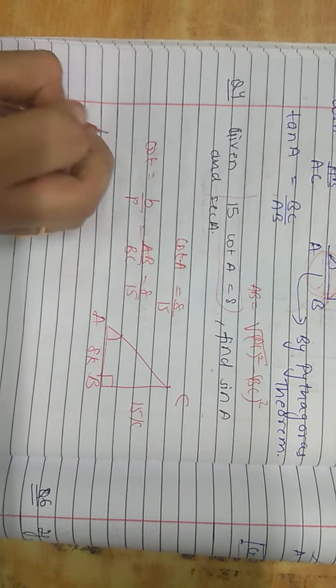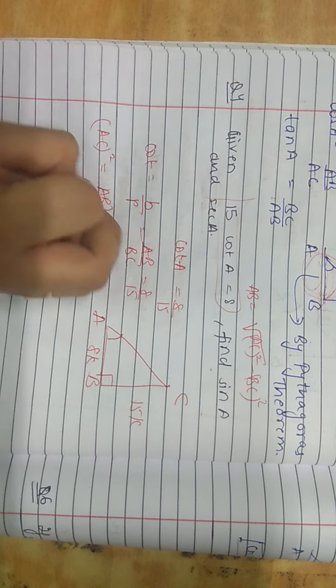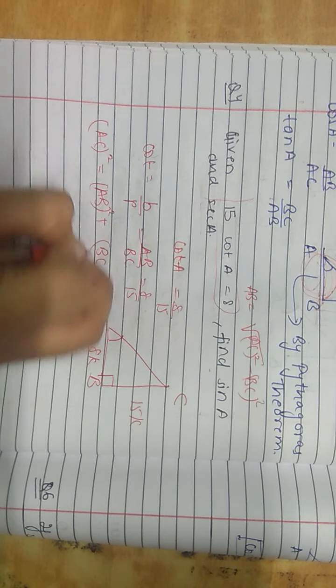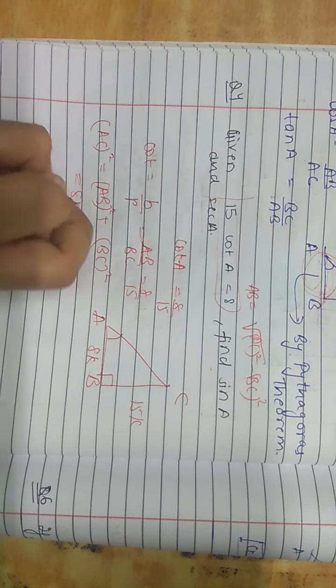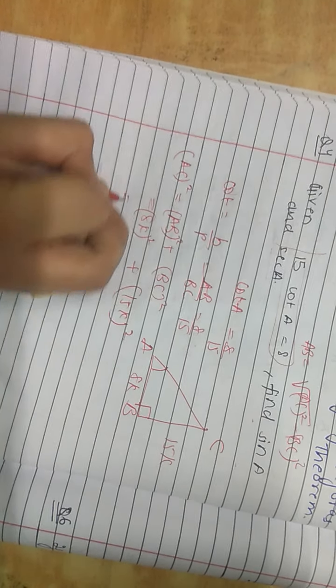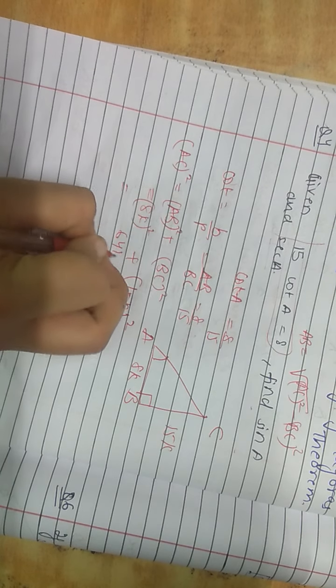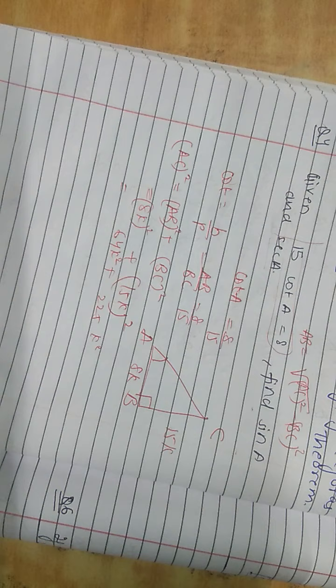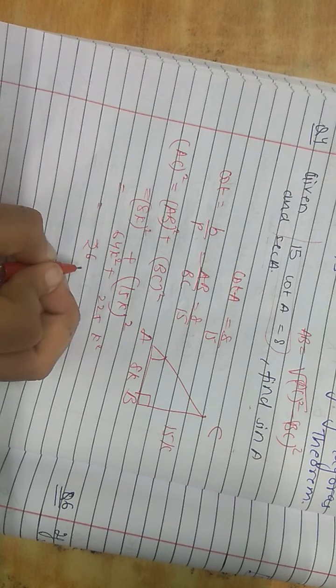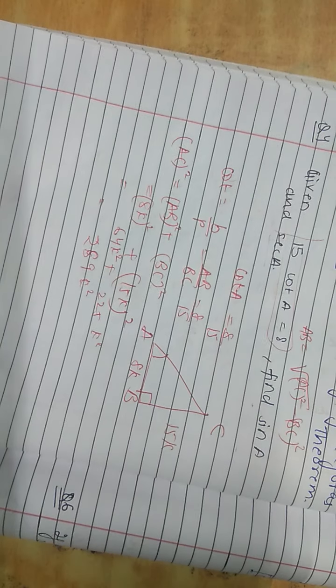By Pythagoras theorem we can find the value of AC. We can do AB square plus BC square, that is 8K square plus 15K square, right. So we can get 225K square plus 64K square, and hence we get, sorry, we get 289K square.